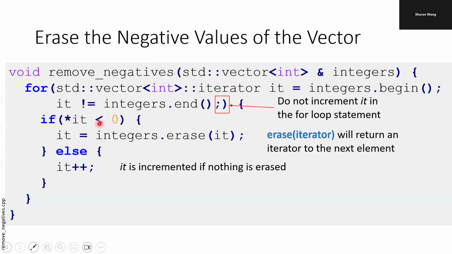Then for the remove negatives function, what's the complexity for this one? So we know that erase is O(n), and we are looping through from integers.begin to integers.end.